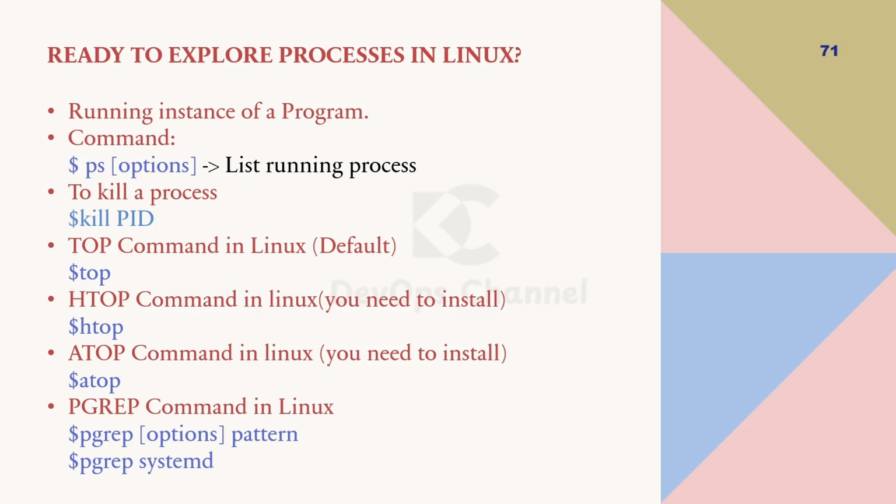Similarly there is atop, which also shows a tabular view of whatever processes are running, and you also need to install it. Now pgrep: you can provide an option with pgrep to filter the running processes, and it will give you the process name or process id according to the option you provide.